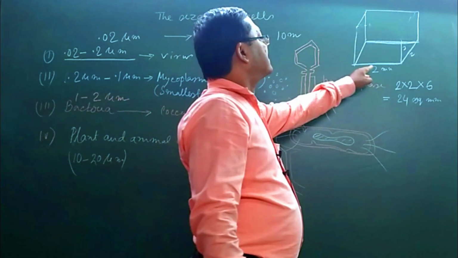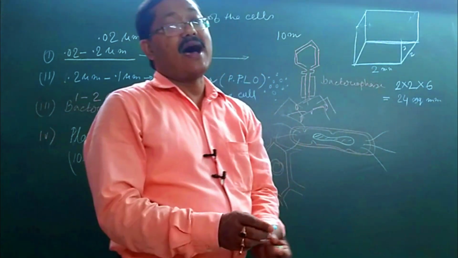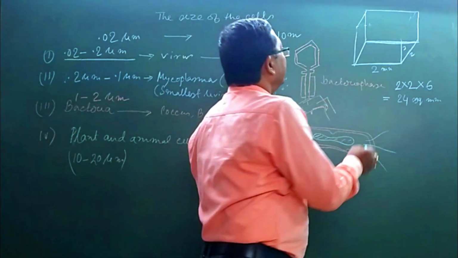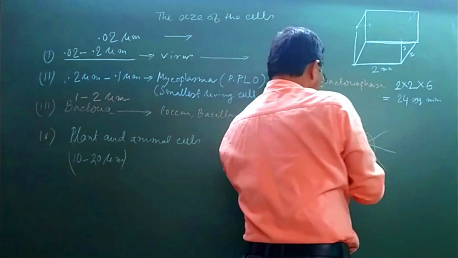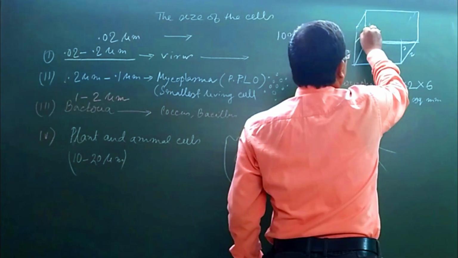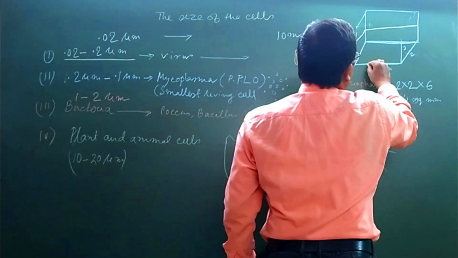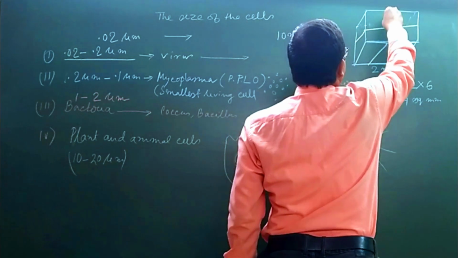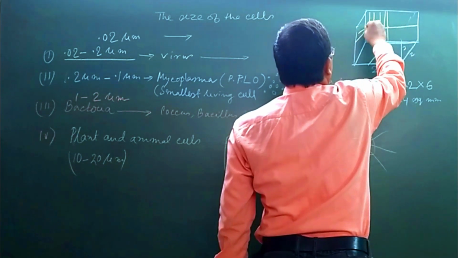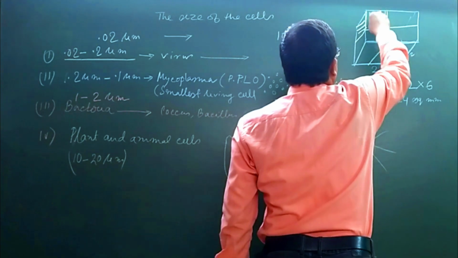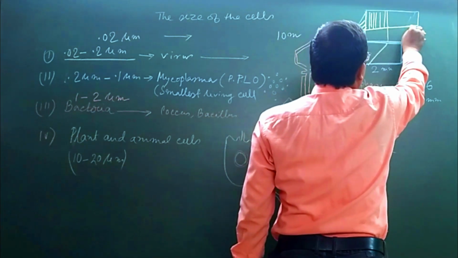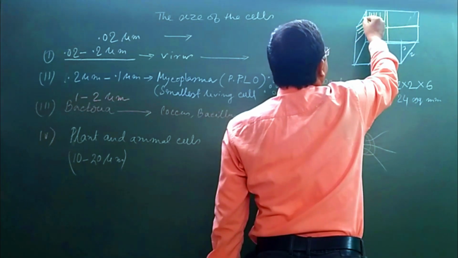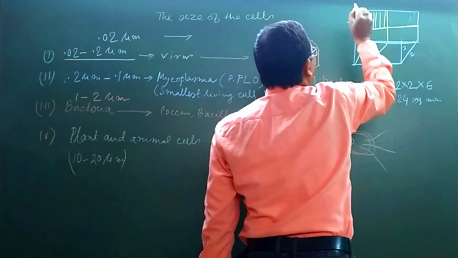When we cut this cell and divide it into 8 equal parts, each length is transformed into the value 1.